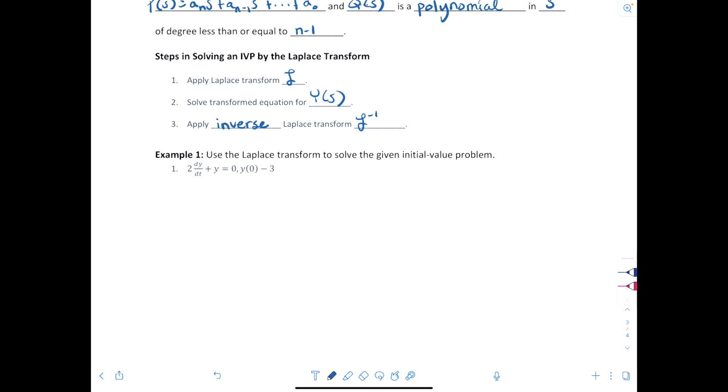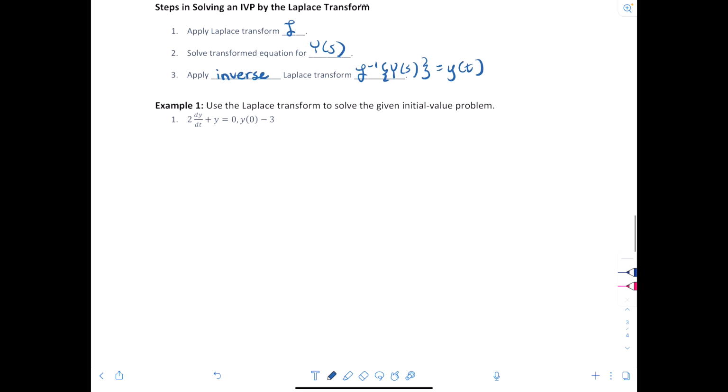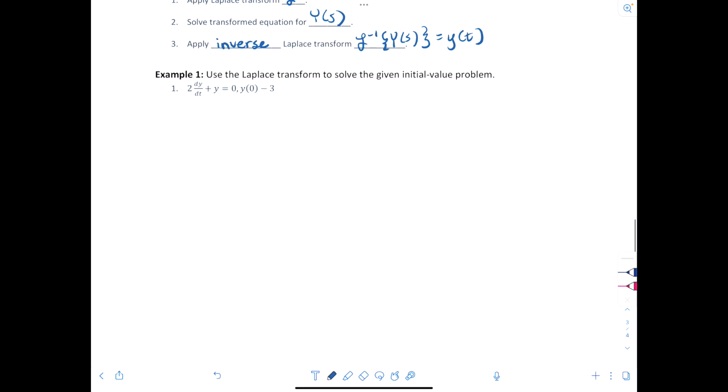Okay? So, all right, let's do this thing. Just to finish this off, this would be y at t. Cool? All right, so use the Laplace transform to solve the given initial value problem.